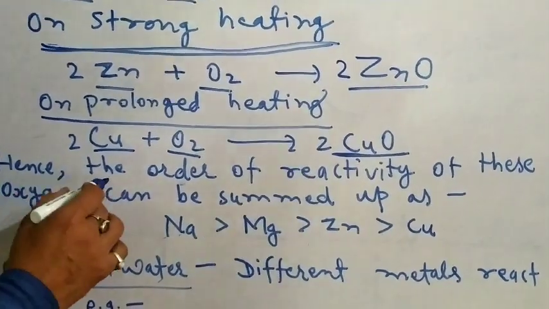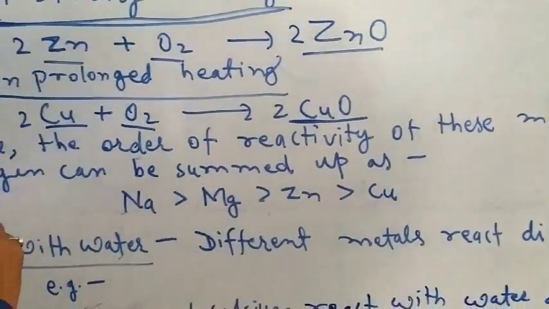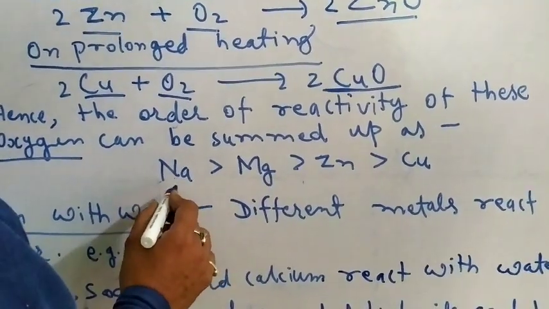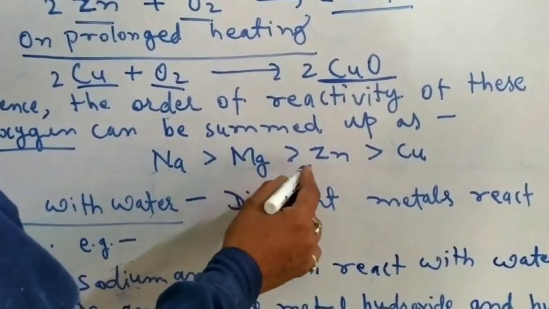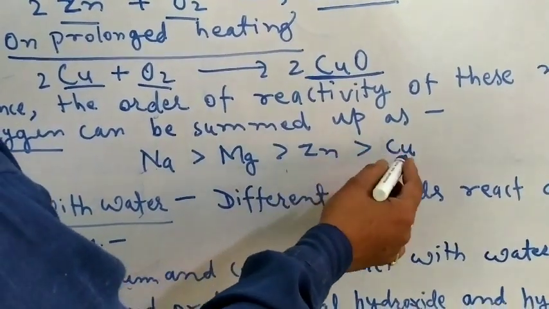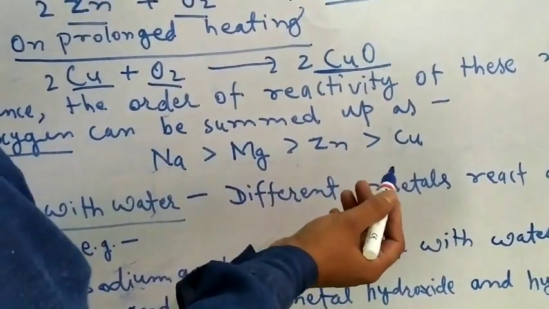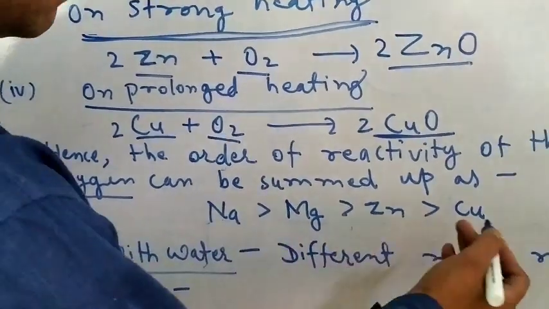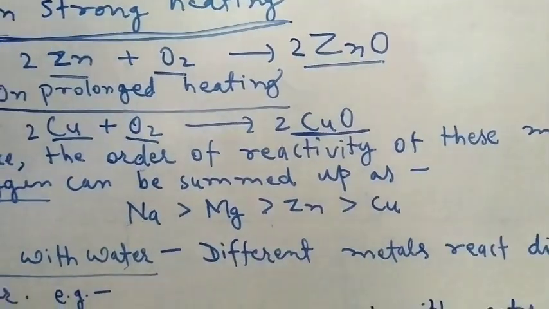Hence, the order of reactivity of these metals towards oxygen can be summed up as sodium is more reactive than magnesium, magnesium is more reactive than zinc, and zinc is more reactive than copper. So sodium reacts most vigorously with oxygen, and copper reacts least vigorously.